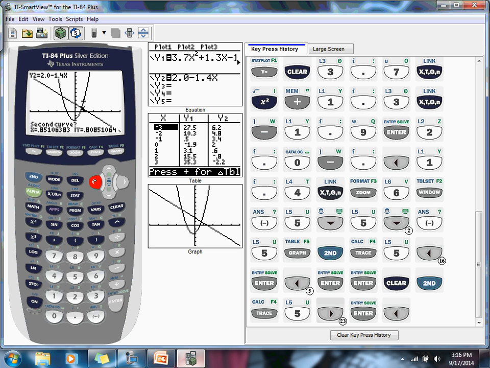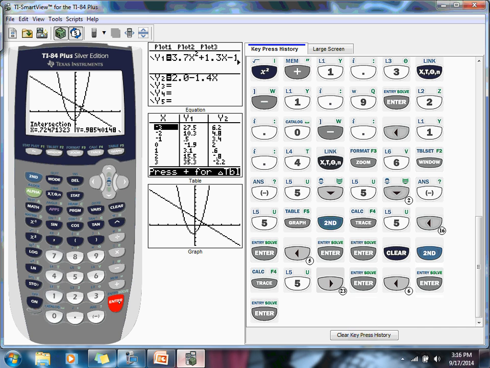I'm going to arrow either to the left or to the right, doesn't matter, just so the cursor's on the line. And it says second curve, so that's a note that we need to be on the other equation. So hit enter. And then guess means, yep, I want you to do it. There we go. There's our other value for x, 0.724.